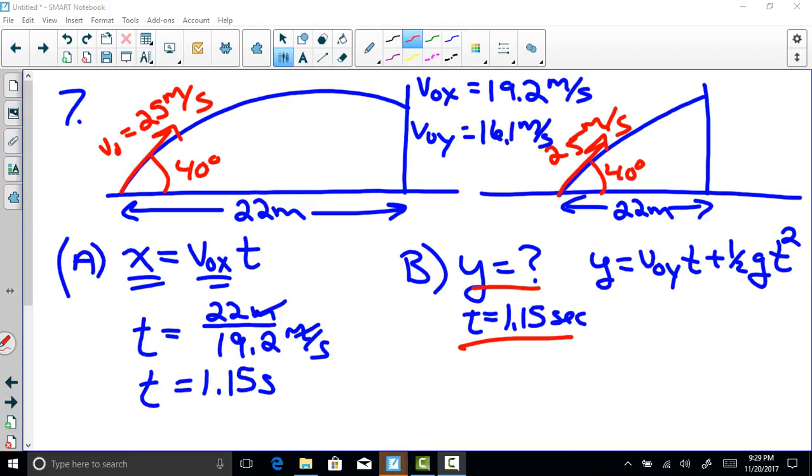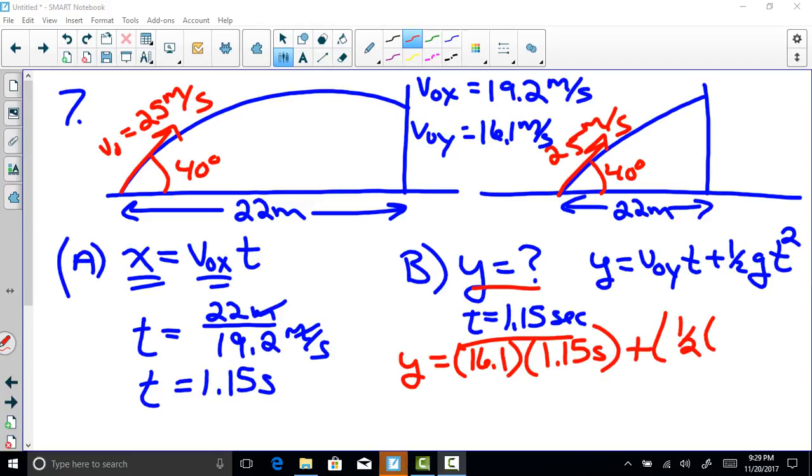So if I substitute my information in here, then y is 16.1 times the 1.15 seconds plus 1/2 times negative 9.8 times 1.15 seconds squared.